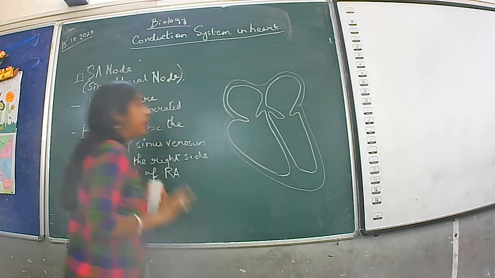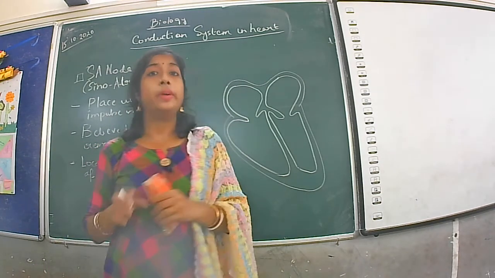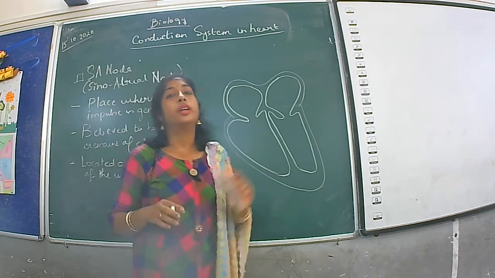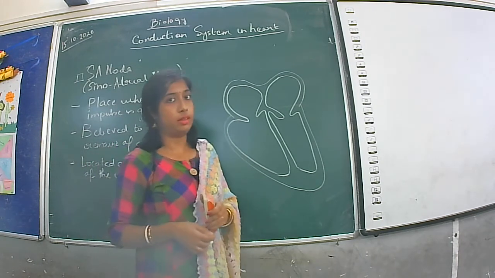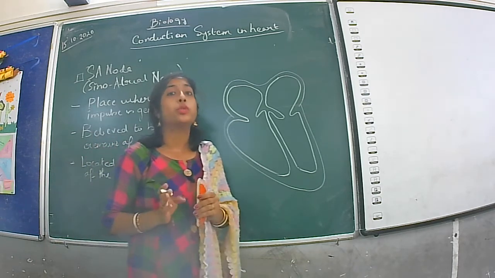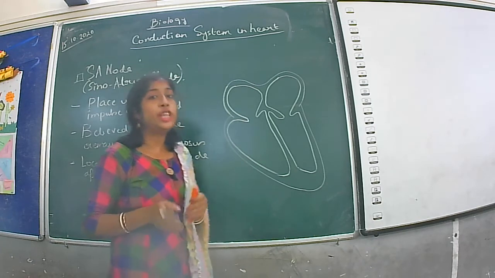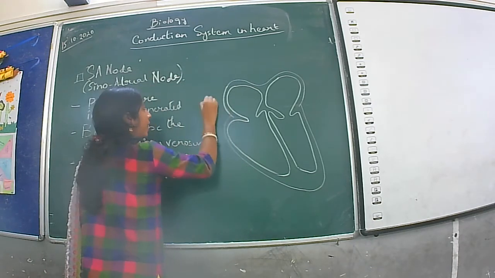I am not going to draw, rather label all the structures of the human heart, because I have already explained that in the previous lesson. Just I am going to label those parts which are required for the explanation of the conduction system. First of all, this one is the right atrium.